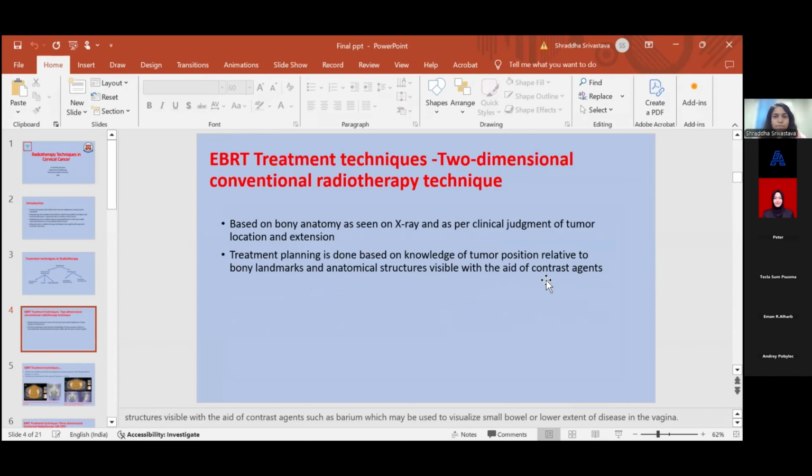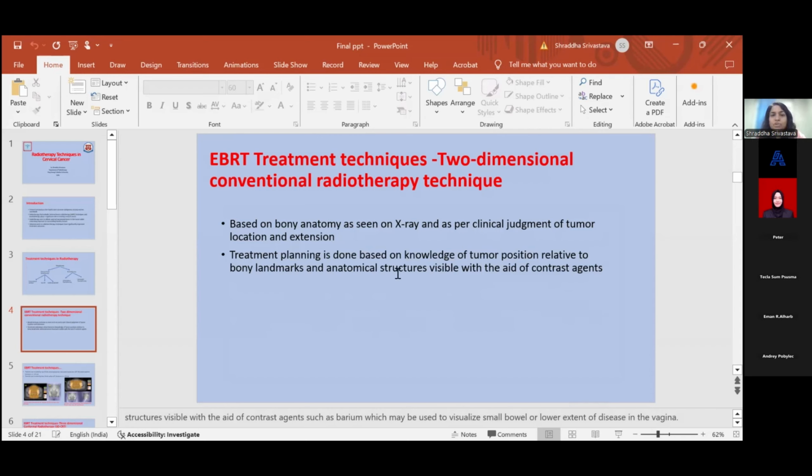Now, when we talk about external beam radiotherapy, which is EBRT treatment technique, first we'll talk about conventional techniques for the treatment. So in conventional techniques for the treatment of cervical cancer with EBRT, generally X-ray images or orthogonal images are used, and the treatment is based on the bony anatomy as well as the clinical judgment of tumor location and extension.